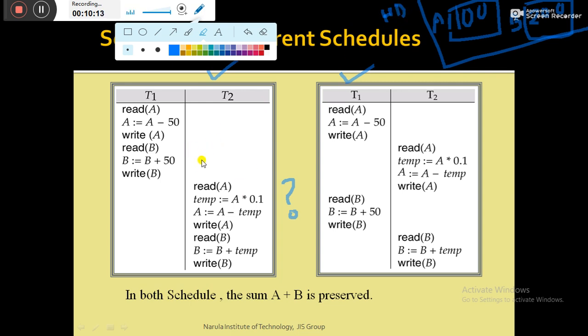Already we have seen what happened. Transaction T1, what it actually does is debit $50 from account A and credit account B with $50. And what T2 does is transfer 10% from account A and credit the same to account B.